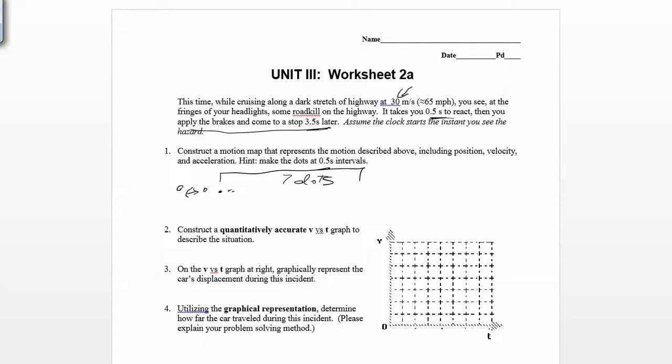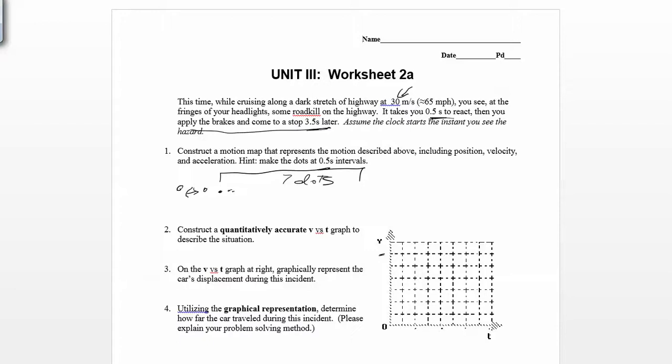Then a quantitatively accurate velocity versus time graph. Now here's velocity. Here's time. You know we start off at 30 meters a second, so let's get our graph set up. 5, 10, 15, 20, 25, 30. So we can start here at 30 meters per second. As far as these intervals, half a second, 1 second, 1.5, 2, 2.5, 3, 3.5, 4.